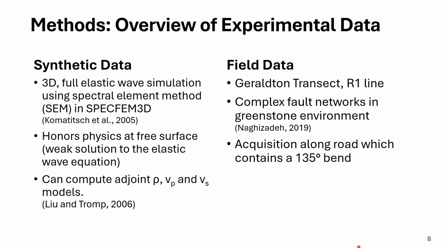As an output from that, you can also get density, VP, and VS models from your joint topography. For field data, I experimented with the Gibraltar transect, specifically the southern limb, the R1 data from that. That's an area known to have complex fault networks in a greenstone environment, and it has a significant bend in the transect, about 135 degrees, or a third of a pizza.